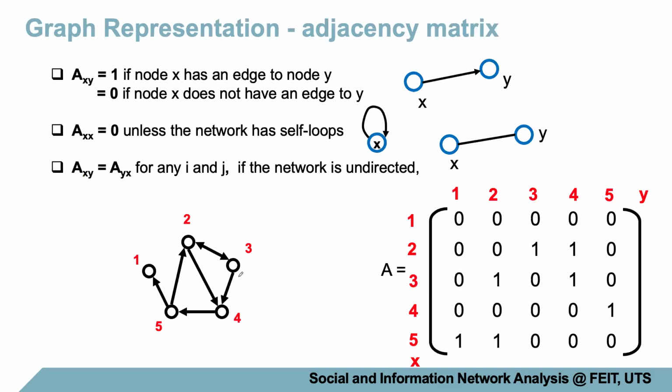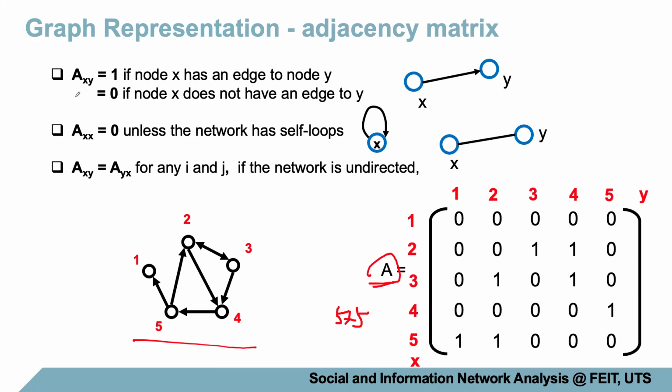Another way to represent a graph is the adjacency matrix. This is simpler because we just use a matrix to describe the graph. For this same graph, we use a 5 by 5 matrix. Each row corresponds to a vertex, and each column also represents a vertex.